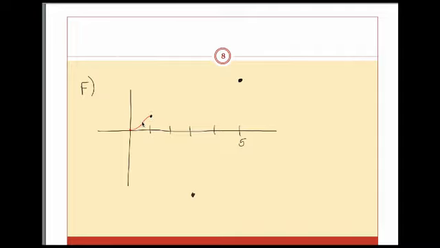So this is like our inflection point right there. And then from a half to 2, it's going to be concave down, then it changes to concave up again. So remember, we're going to have another inflection point here at 2.